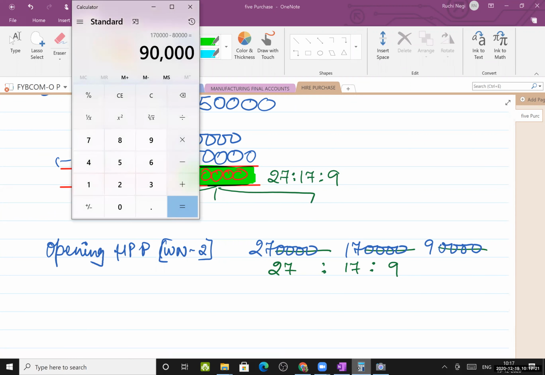Okay, so let me see the denominator. 27 plus 17 plus 9 is how much? 53. It was 1,70,000, huh?